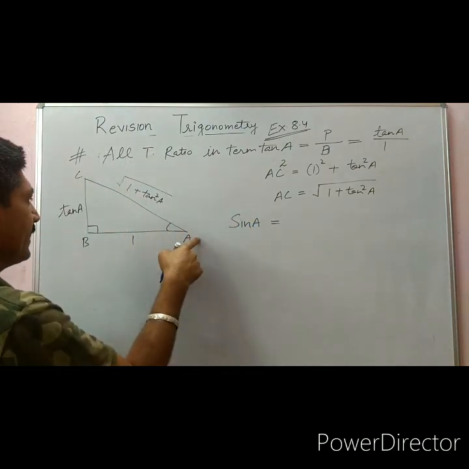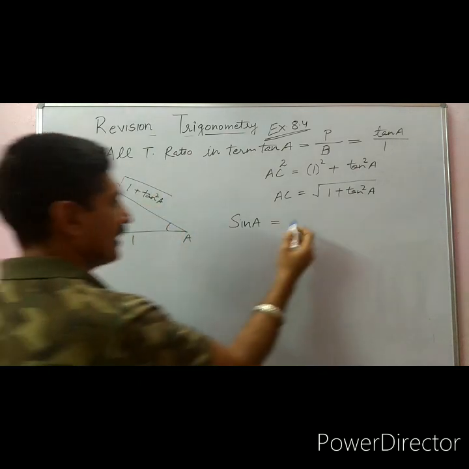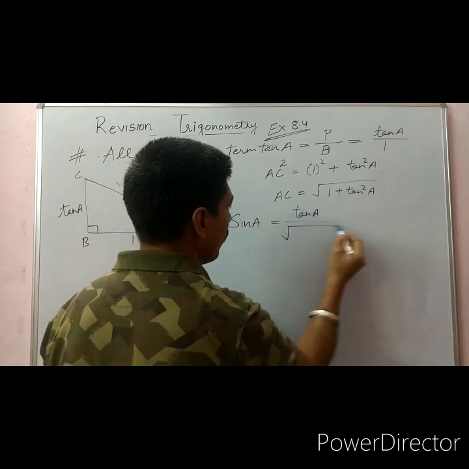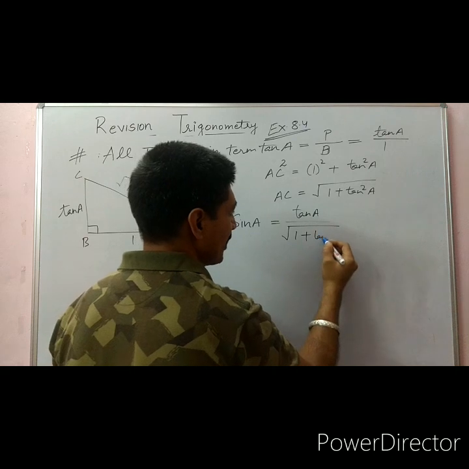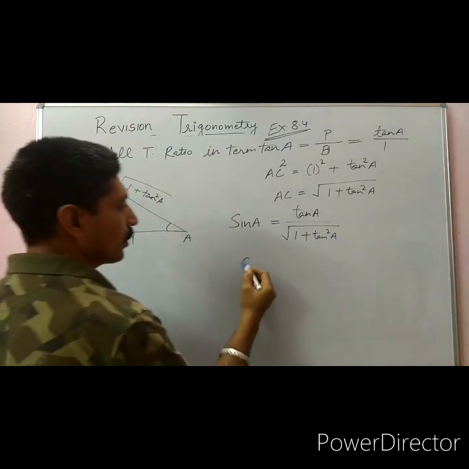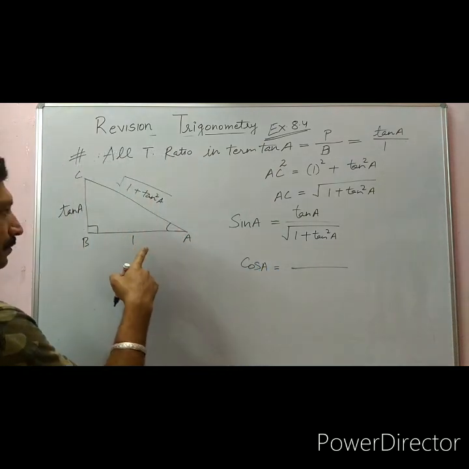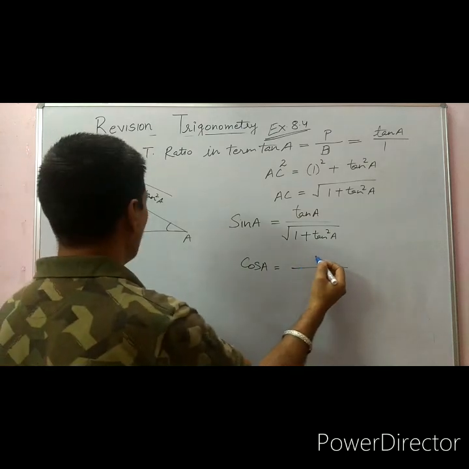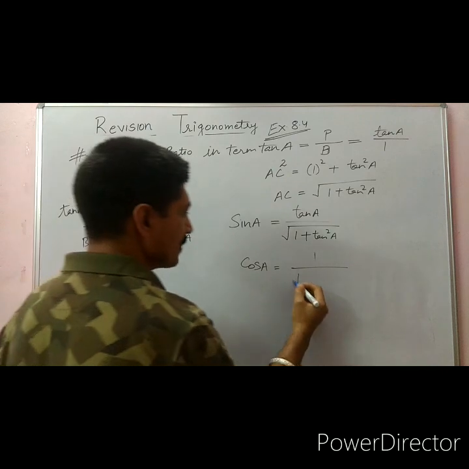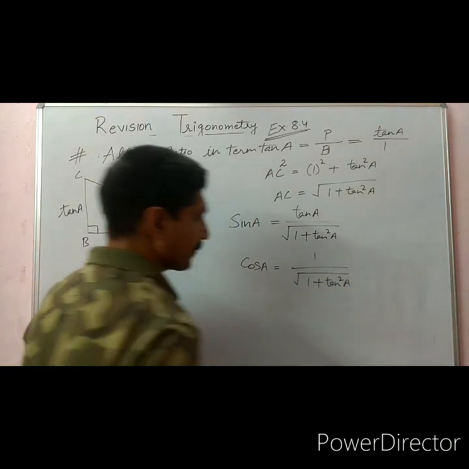If we want to find sine A, it is perpendicular upon hypotenuse, that is P upon H, tangent of A upon the square root of 1 plus tangent square of A. If you want to find cosine of A, that is base upon hypotenuse, the base here is 1 and the hypotenuse is the square root of 1 plus tangent square of A.